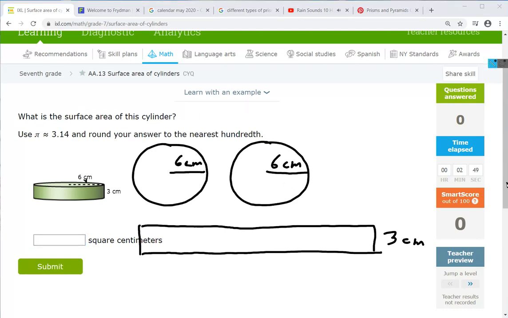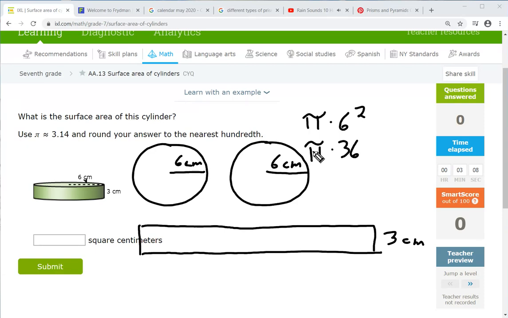So we have pi times 6 squared, because 6 is the radius. So 6 squared means 6 times 6. It doesn't mean 6 times 2. It means 6 times 6, which is 36.